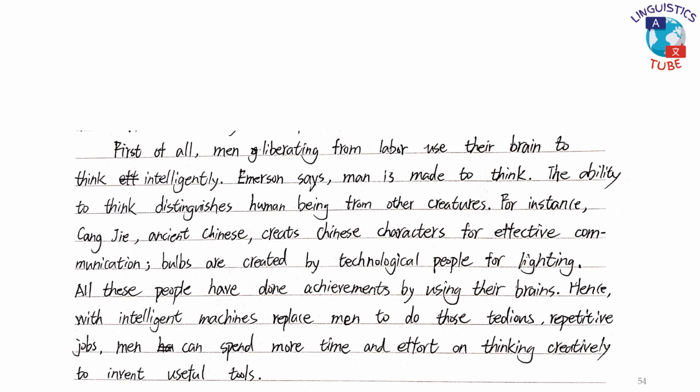Bulbs are created by technological people for lighting. All these people have done achievements by using their brains. Hence, with intelligent machines replace men to do the tedious, repetitive jobs, men can spend more time and effort on thinking creatively to invent useful tools.